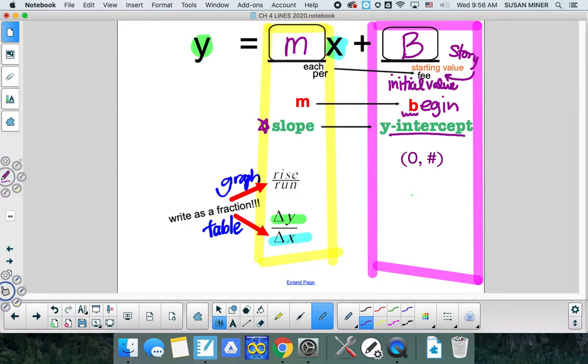It is where x is 0 and y is a number, as an ordered pair. It's the place where x is 0, so it falls right on the y-axis. It is going to be a point somewhere on the y-axis. And so we'll talk about that today. These are all representations of this number that we've been putting in this box.